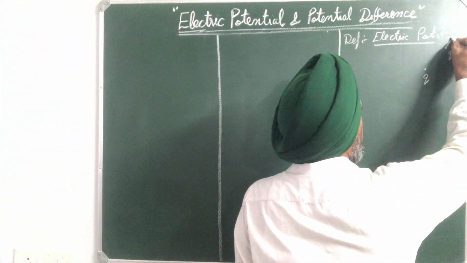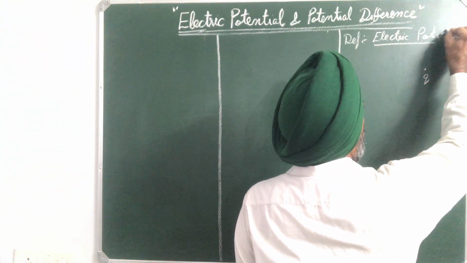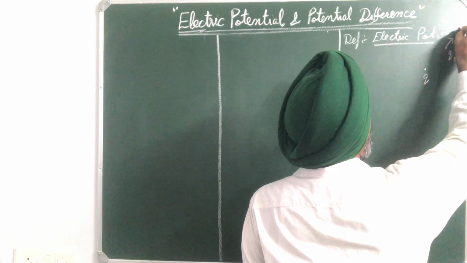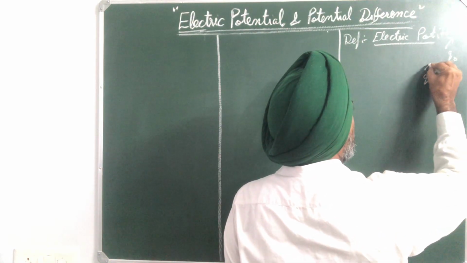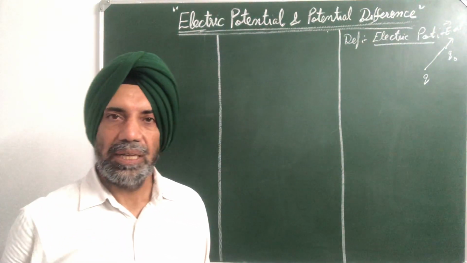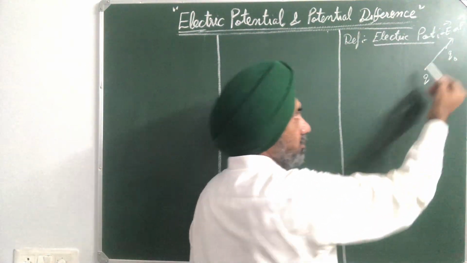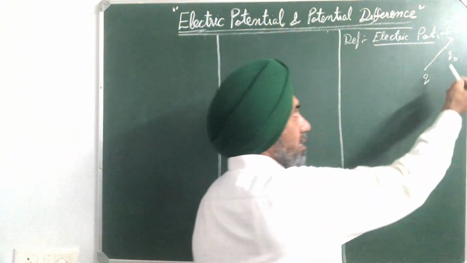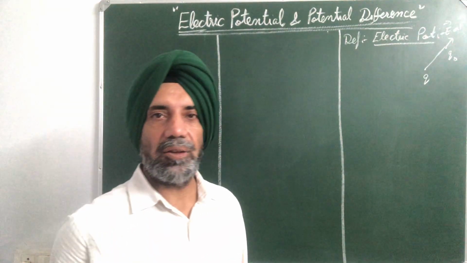So this means the electric field or force will act like this. It means work has to be done in order to move the test charge Q naught in the electric field.